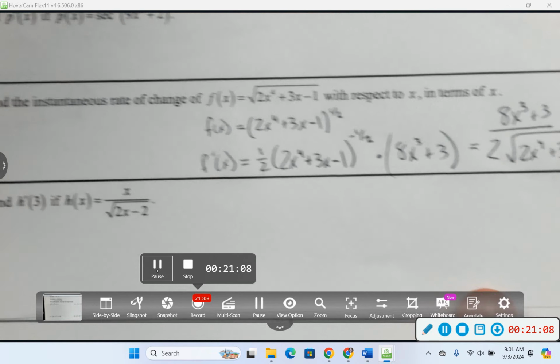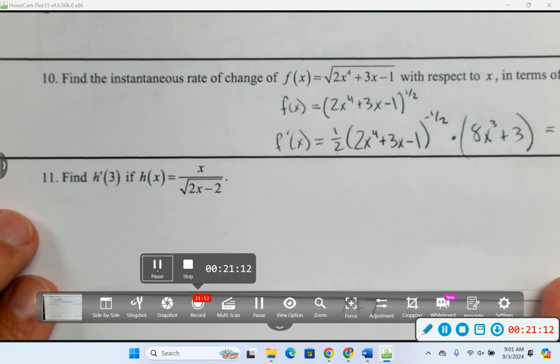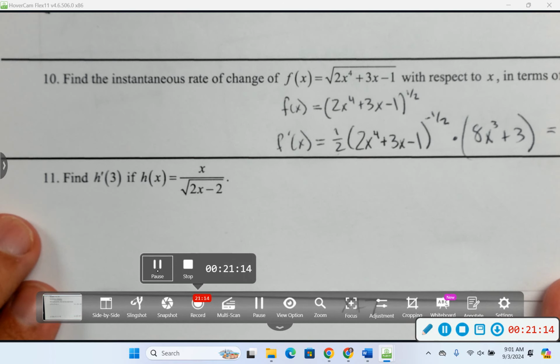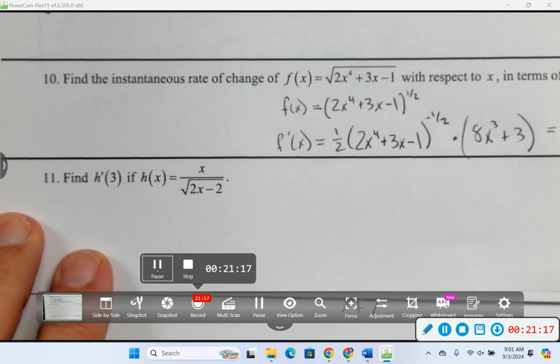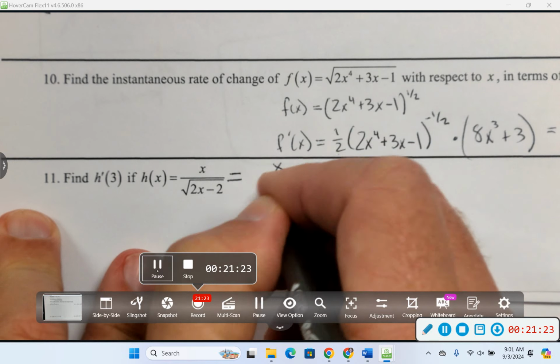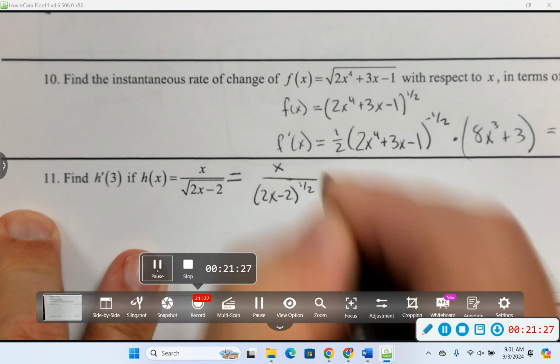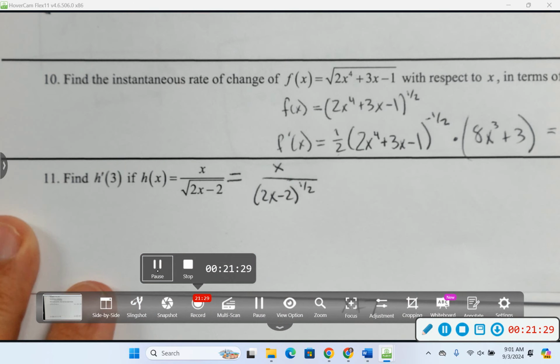What about number 11? What's that going to require? Sort of 2 answers for that. Let's rewrite it to the power of 1/2. So what rule is that going to require?